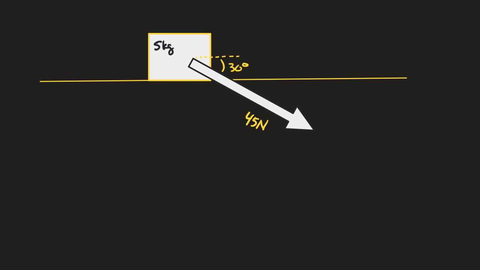All right, so repeat from yesterday here. 5 kilogram box. Let's go with that 45 Newton force. Angle of, what did I do for an angle yesterday? 30? And coefficient of friction this time of 0.3.